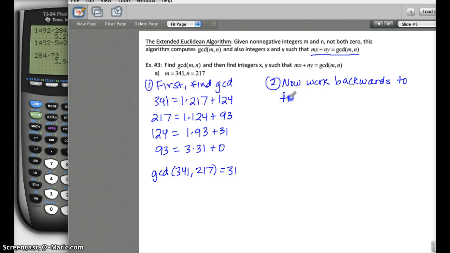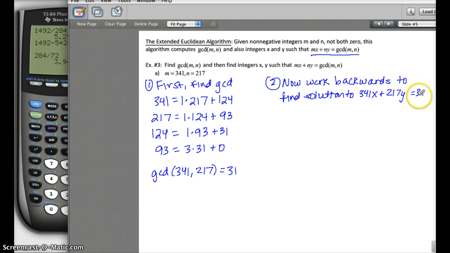To find a solution to this equation, m times x, so for us it was 341 times x plus 217y is equal to 31. Usually when we want to solve an equation that has two variables, we have a system of two equations with two variables. Here we only have one equation with two variables, but we're going to use what we already figured out.